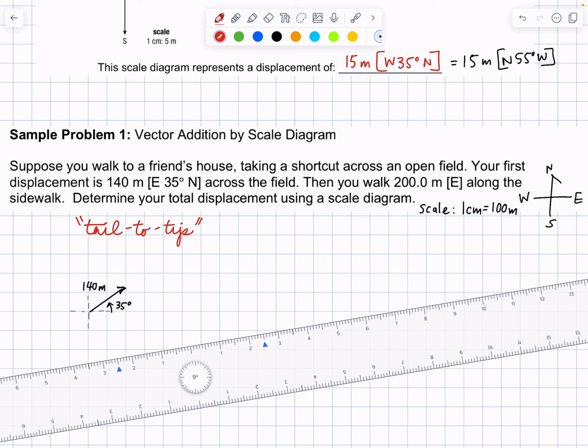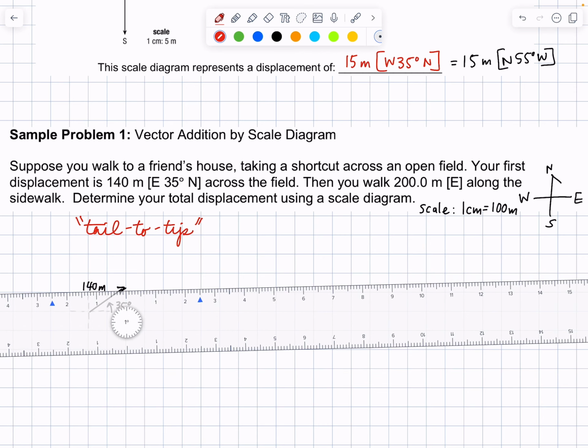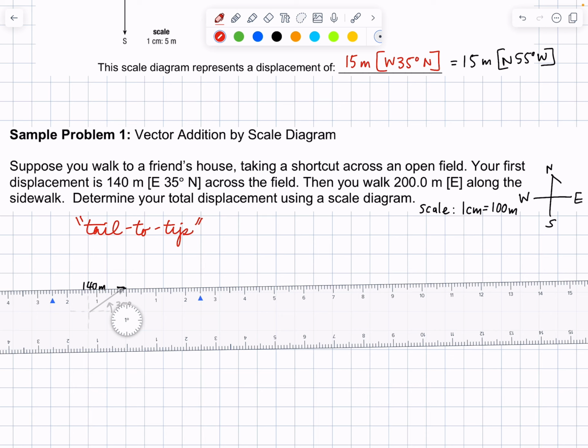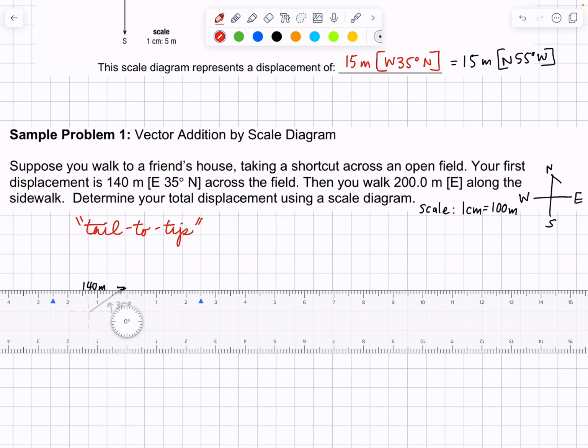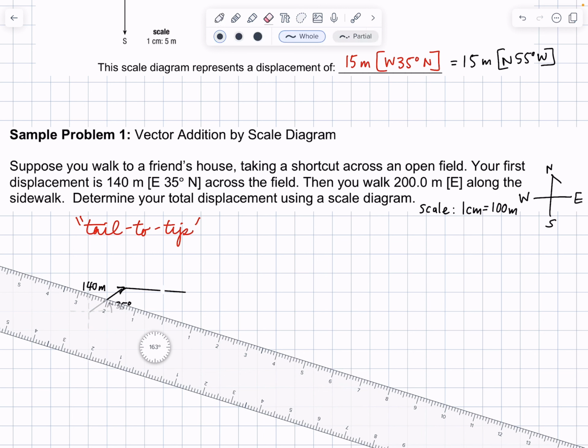So I'm going to line up the tail of this vector to the tip of the previous vector, and I'm going to draw a line that is 2 centimeters long. Just going to rearrange this so it doesn't angle down.